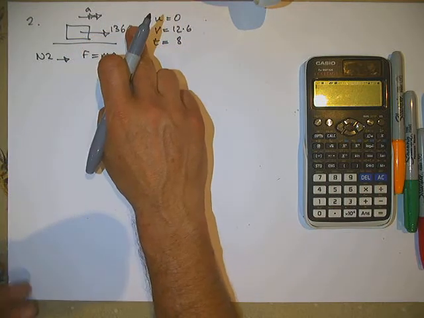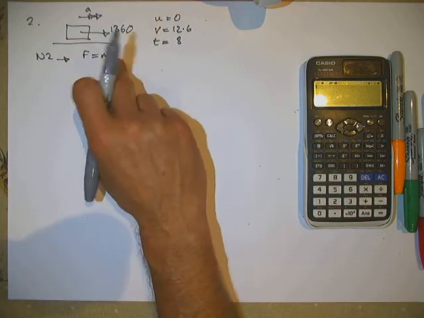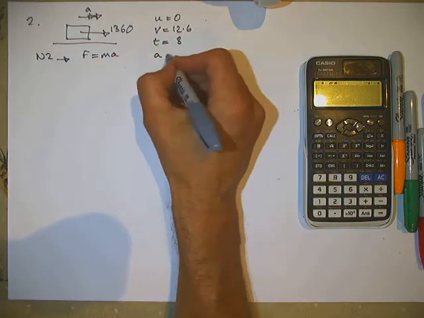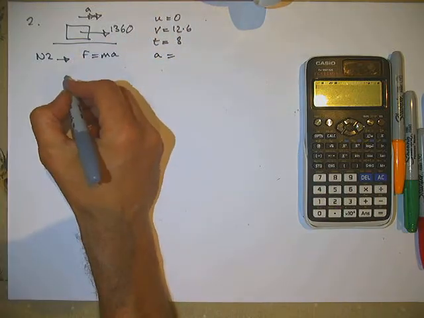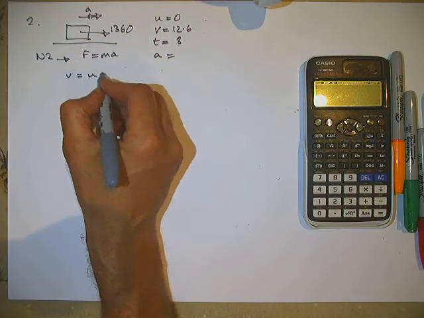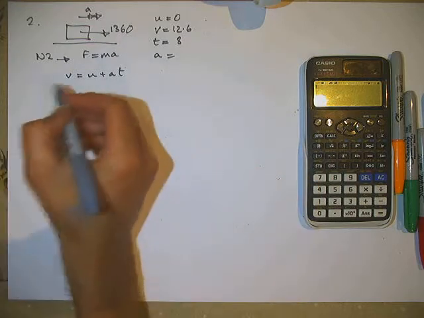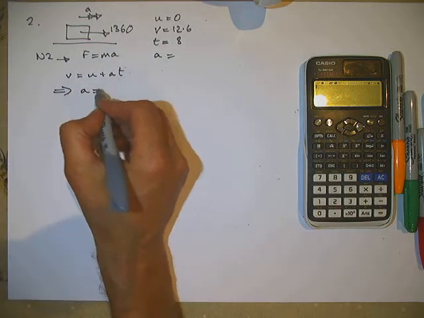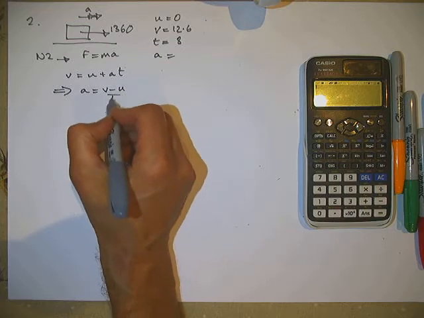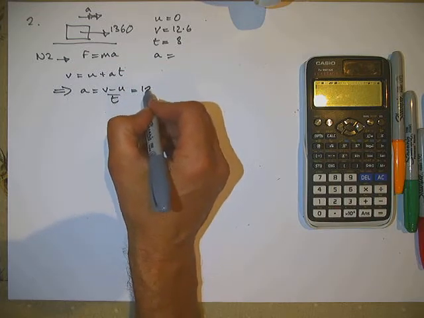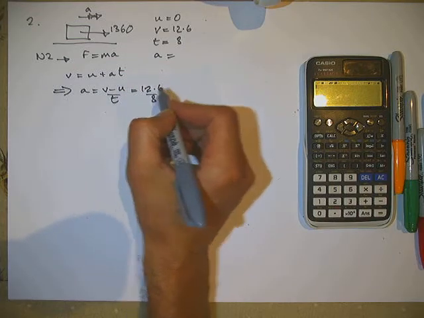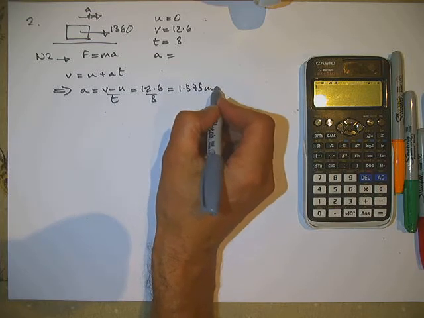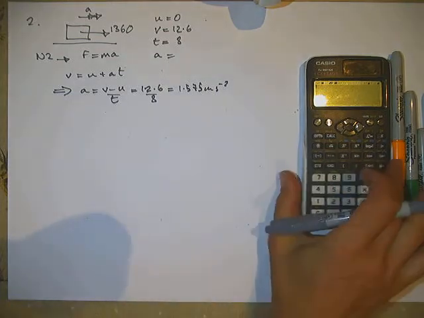Now we know a driving force. We don't need acceleration or mass, but here we can find the mass. So from those two equations, I'm going to use v equals u plus at, which gives us that a is (v minus u) over t, 12.6 over 8, 1.575 meters a second squared.